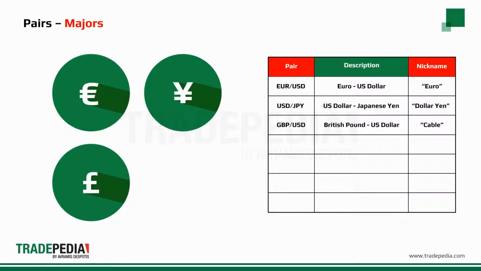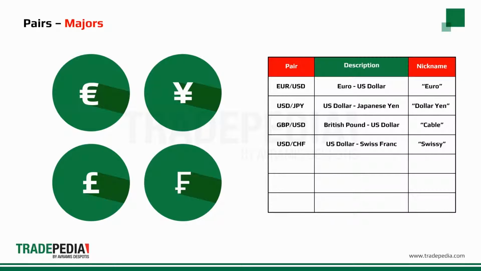British pound against the US dollar, known as cable or sterling. USD-CHF. US dollar against the Swiss franc, also called Swissy. USD-CAD. US dollar against the Canadian dollar, or loonie. AUD-USD. Australian dollar against the US dollar, or Aussie dollar.